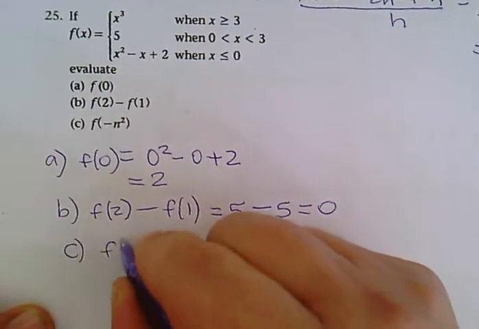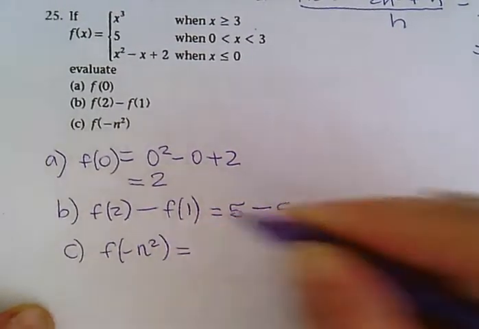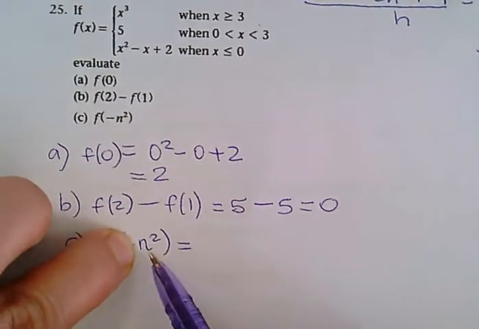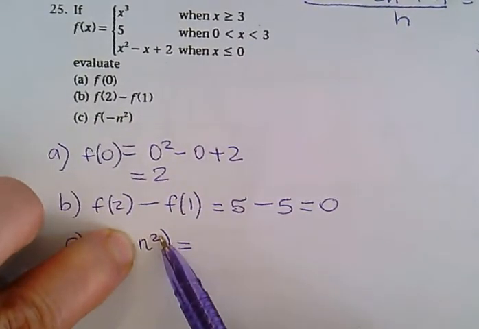And C, the function of negative n squared. Now you might say, I don't know what n is, but is it positive or negative? It's negative because it's negative. Even if n was negative 2, negative 2 squared is 4. Look, watching. N squared is always positive.